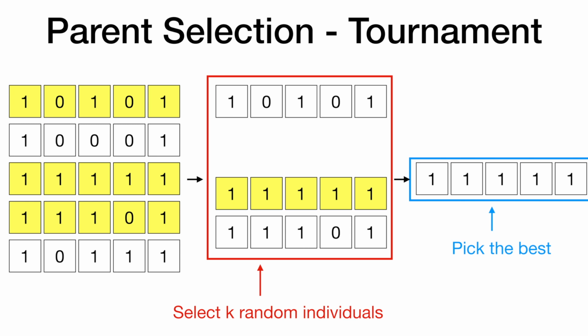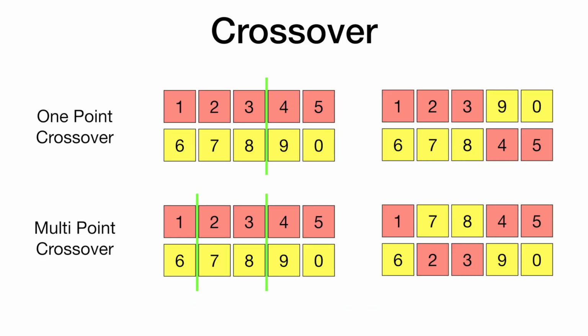For example, we have a population of 100 chromosomes, then we select 3 or 5 of them, and then we just pick the best from them. We can also use a tournament that picks two parents, making a pair from them, then choosing a winner, and so on, just like in a World Cup.